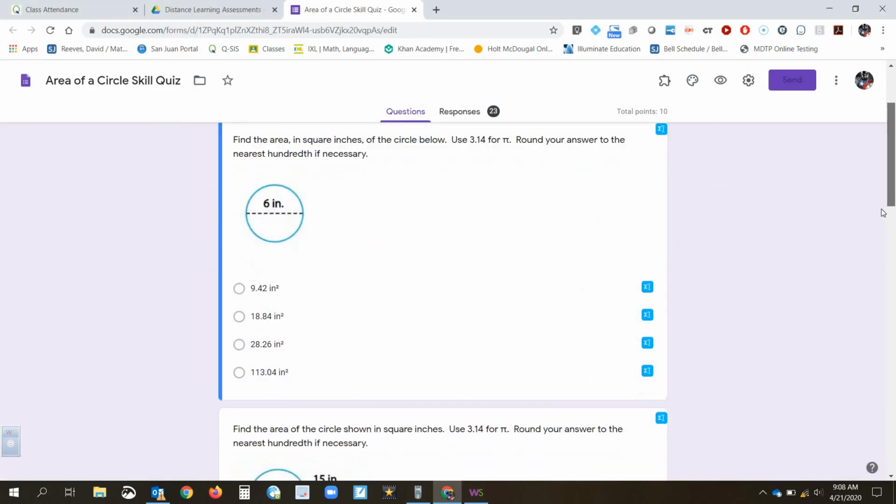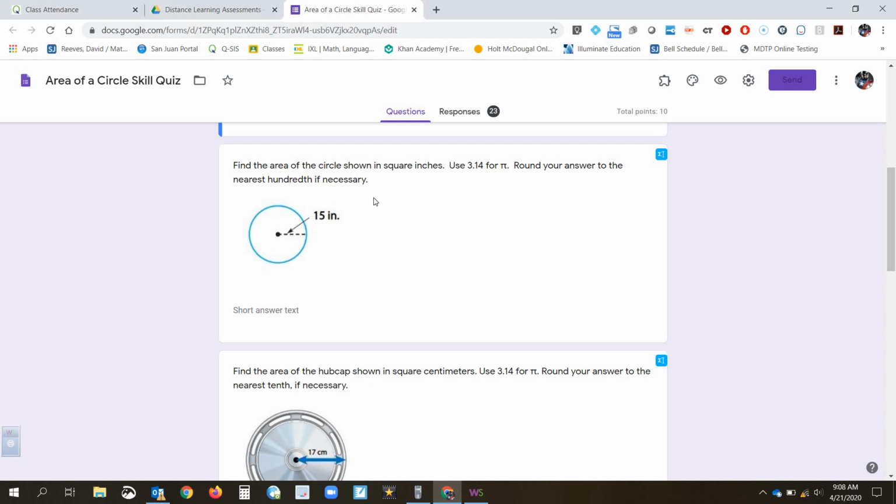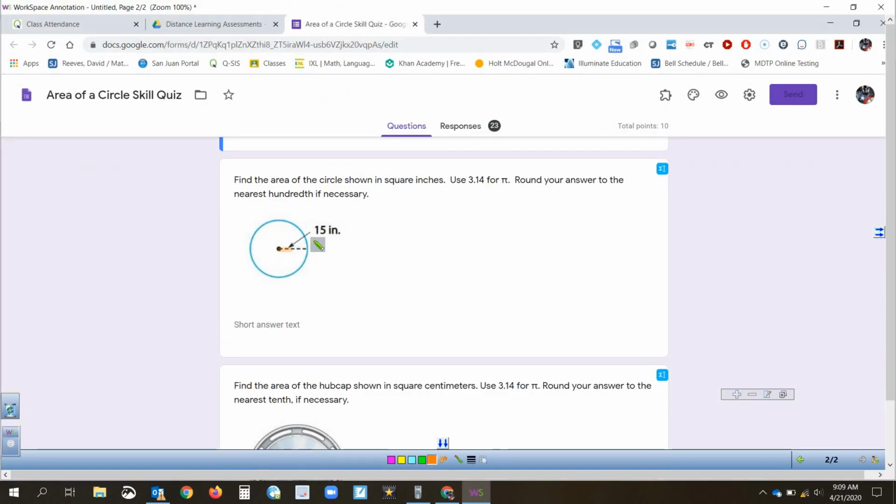All right, let's take a look at the second problem. Find the area of the circle shown in square inches. Again, we have this radius that's given to us in inches. So when we find the area, we're going to be finding the number of square inches, inch by inch.